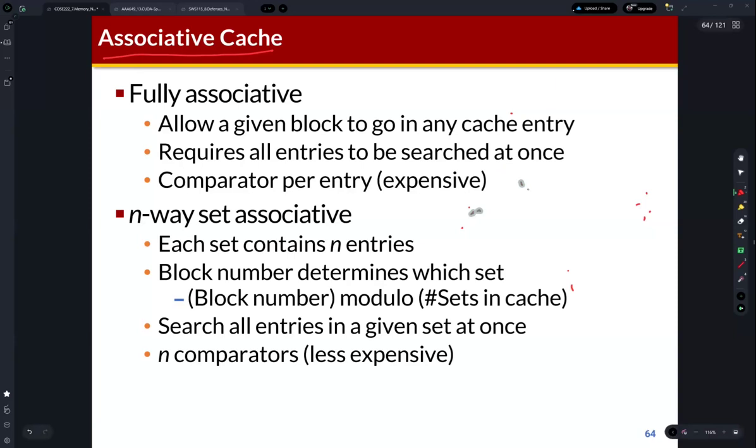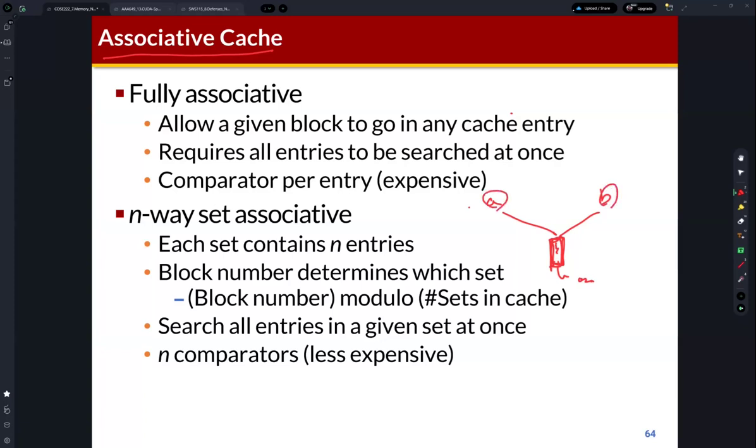So we can consider a possible solution, right? If we store data to any entry of the cache, then we can avoid this problem. What is the issue of direct mapped cache? Multiple data blocks need to be mapped to the same cache block, but there is only one cache block there.